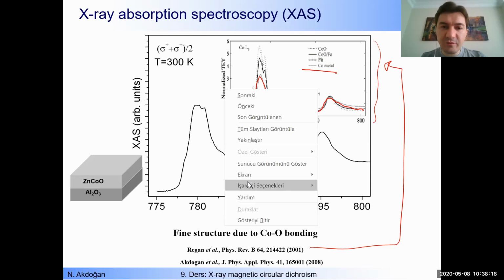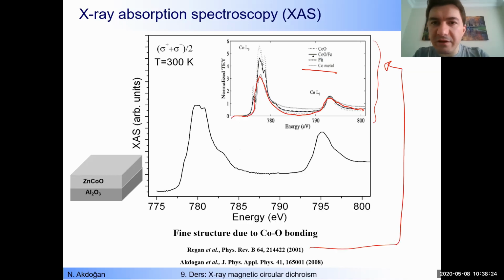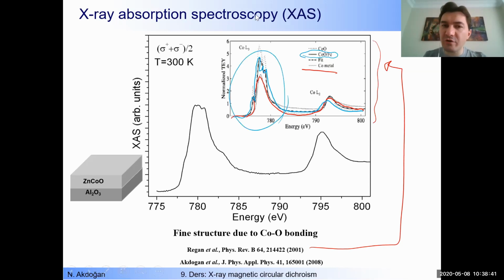And if you measure the cobalt oxide, oxidized cobalt, here, another measurement, cobalt oxide. Okay, what do you see here? This black curve. You see many features around L3H of the cobalt.